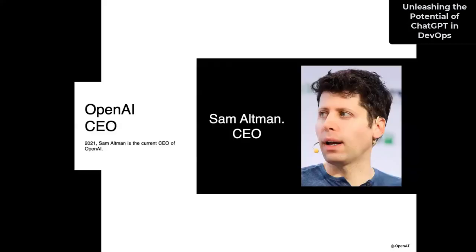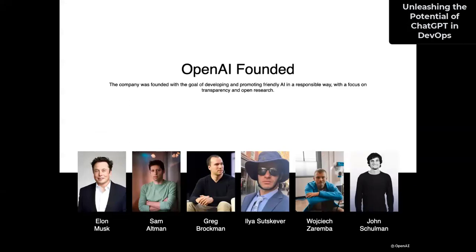Sam Altman is the CEO of it. And you are seeing some familiar faces here, which are the shareholders of OpenAI. So this is our main topic, by the way.